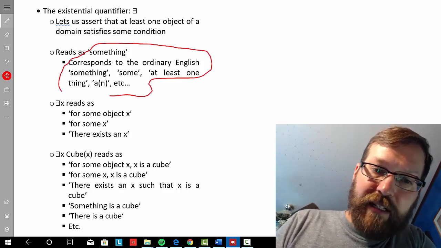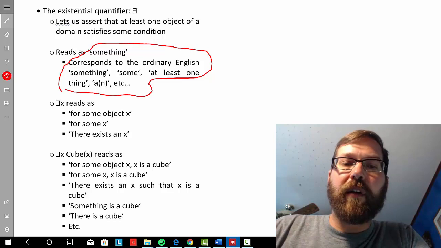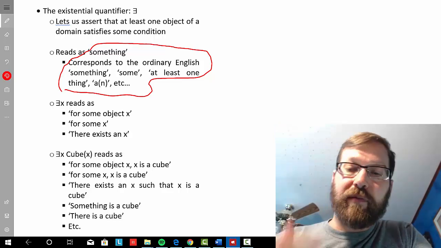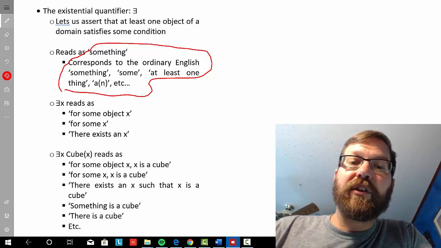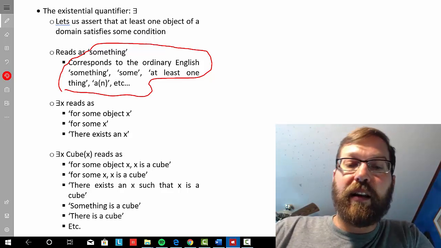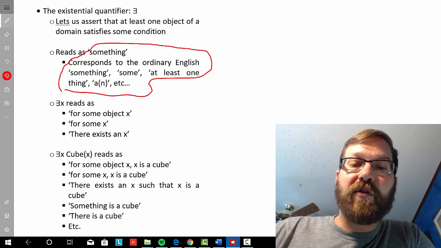The way that we read the existential quantifier is something, and indeed it corresponds roughly to the ordinary English locutions: something, some, at least one thing, a, and so on and so forth.